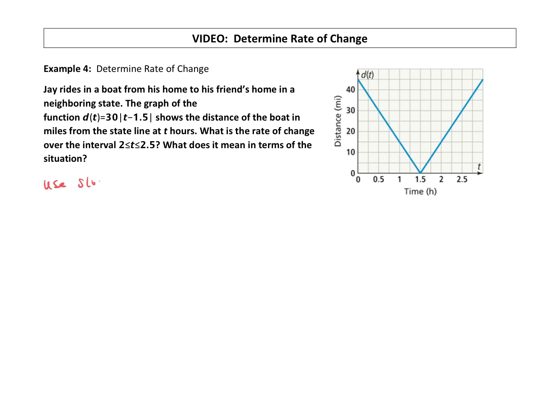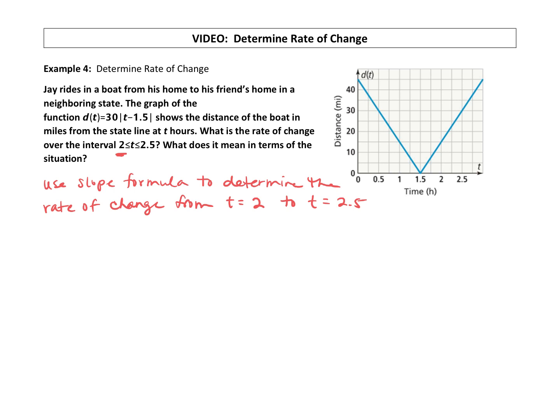We're going to use slope formula to determine the rate of change from the smallest number in that interval, so from t equals 2 to t equals 2.5.